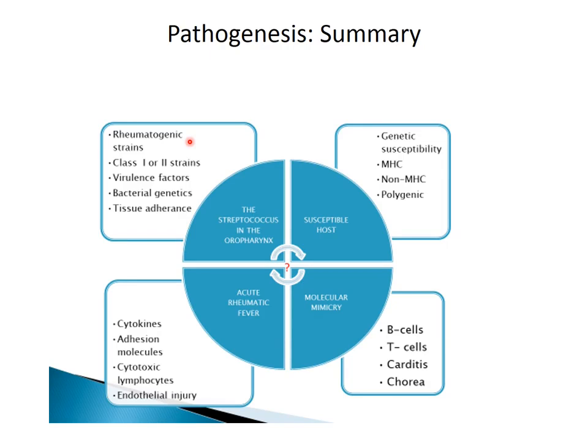There are bacterial genetics involved, and tissue adherence is very important, of course. Then we come to the susceptible host, and that susceptibility may be related to genetics, maybe to major histocompatibility antigens, or the non-major histocompatibility antigen, or it may be a polygenic type of susceptibility.